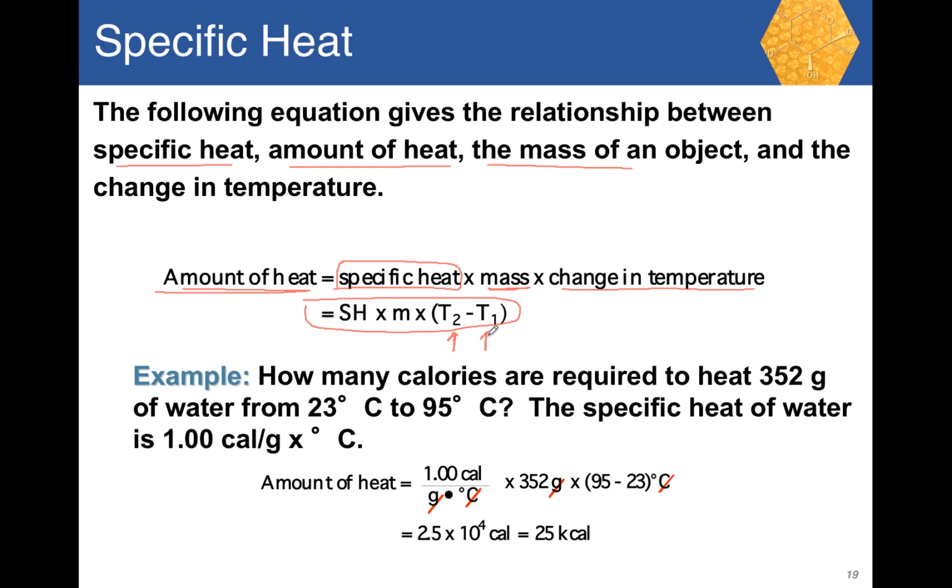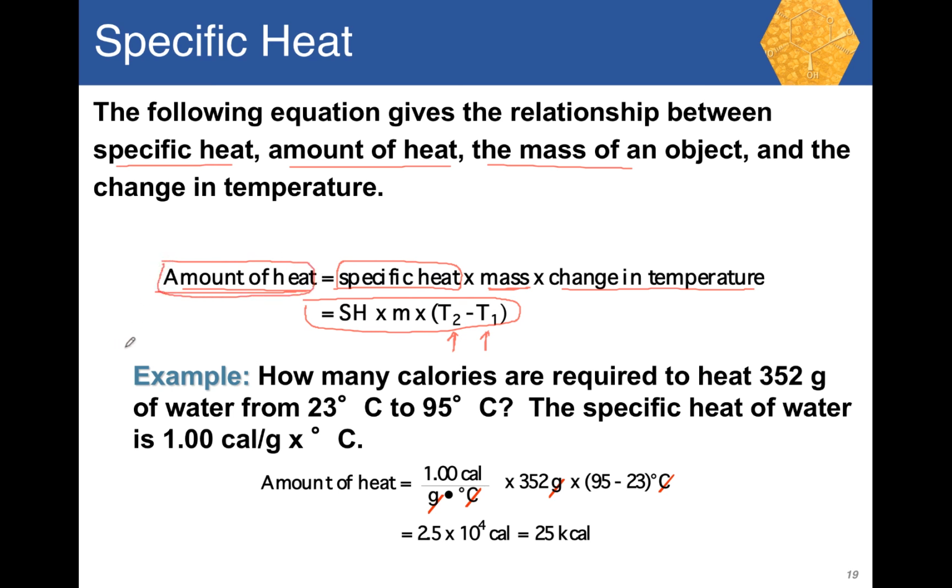The temperature at which it ends up minus the temperature at which you started. So your job will be to utilize this equation, this concept, to calculate the amount of heat given different situations.